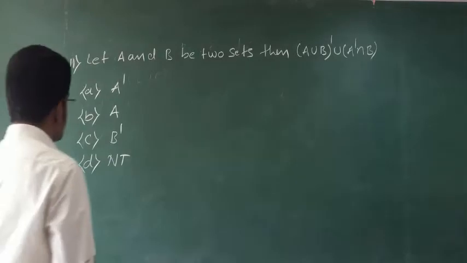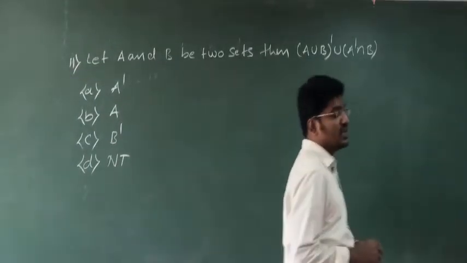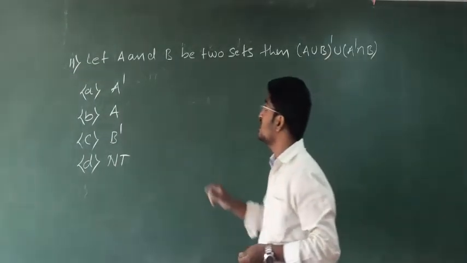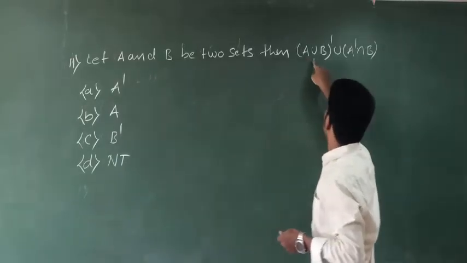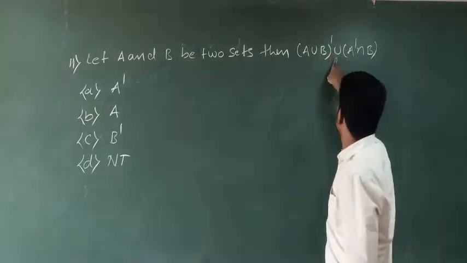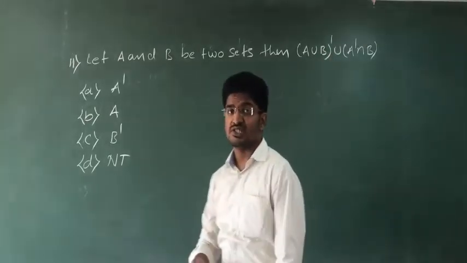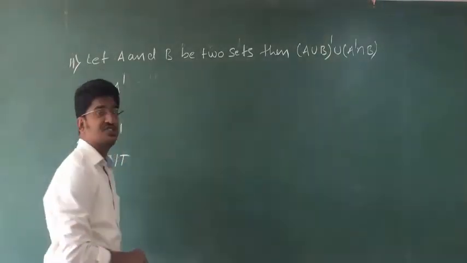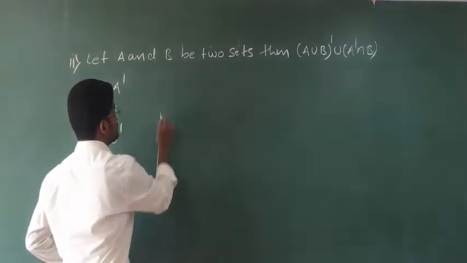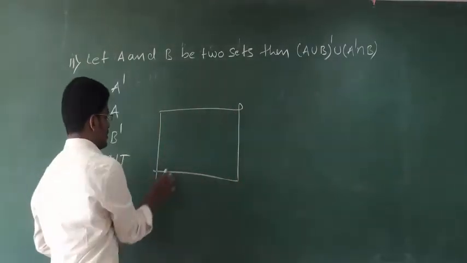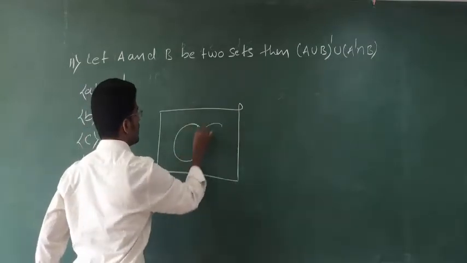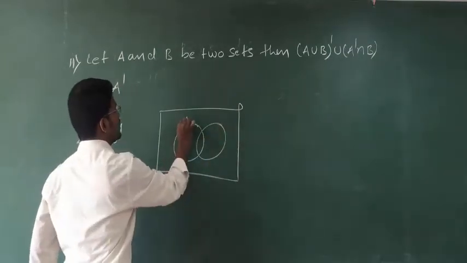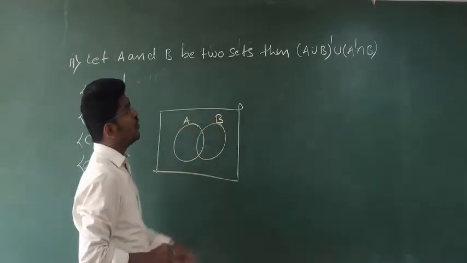Okay students, now let us go for the next question, that is A and B are two sets, then A union B complement union A complement intersection B. Okay, let us draw the Venn diagram. First let us take, this is A, this is B. What you have?